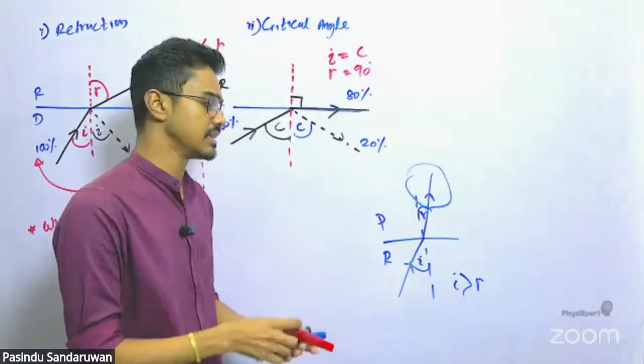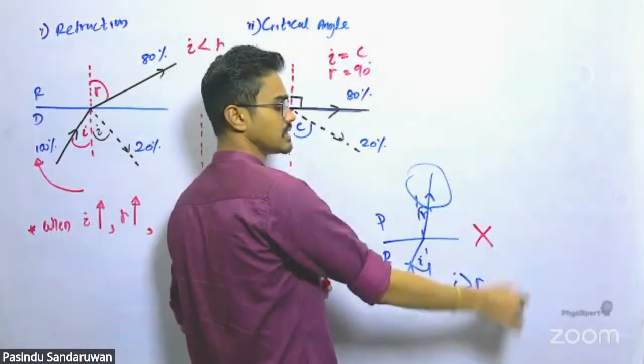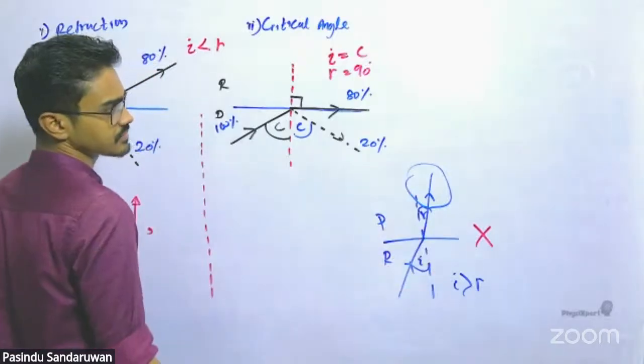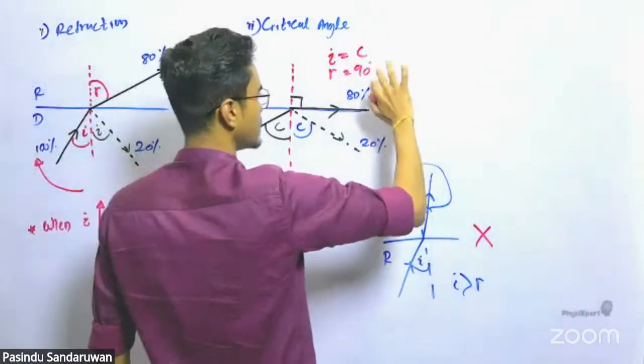We can't make the refracted angle 90 at any point. So, critical angle is only here.